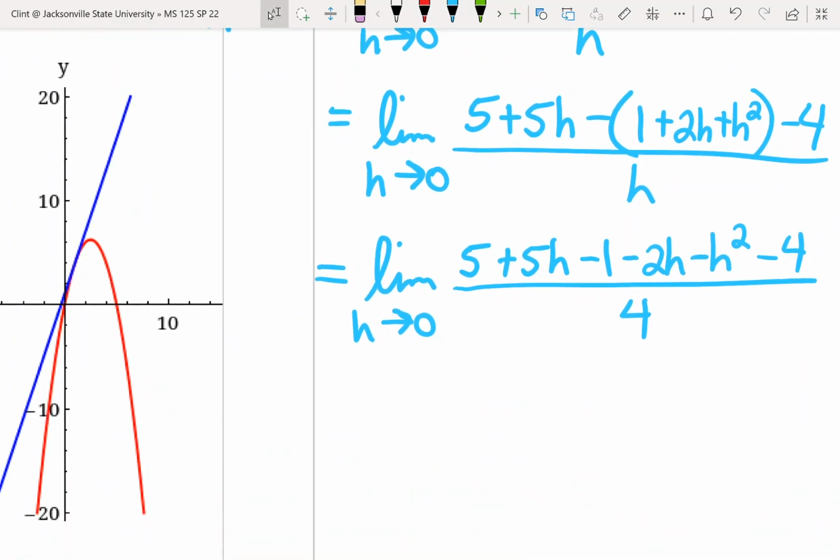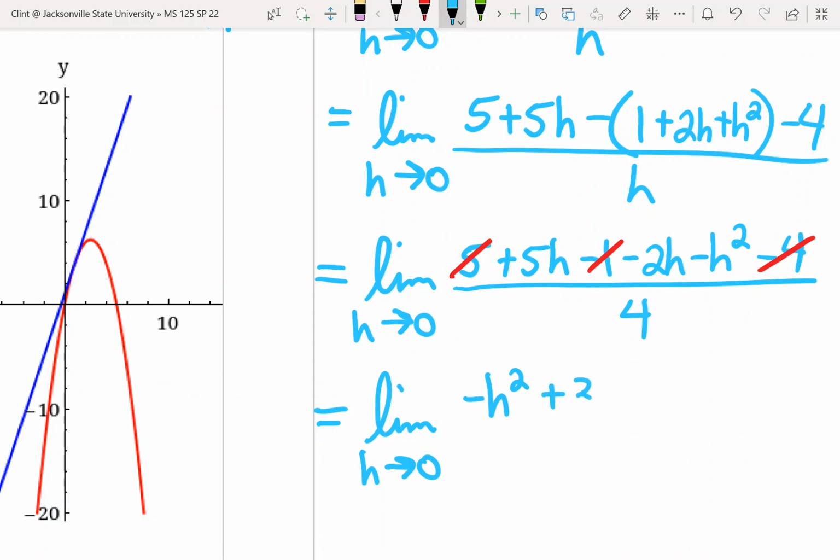Right, so 5 minus 1 minus 4 goes away, and that will leave us minus h squared plus 3h over h.